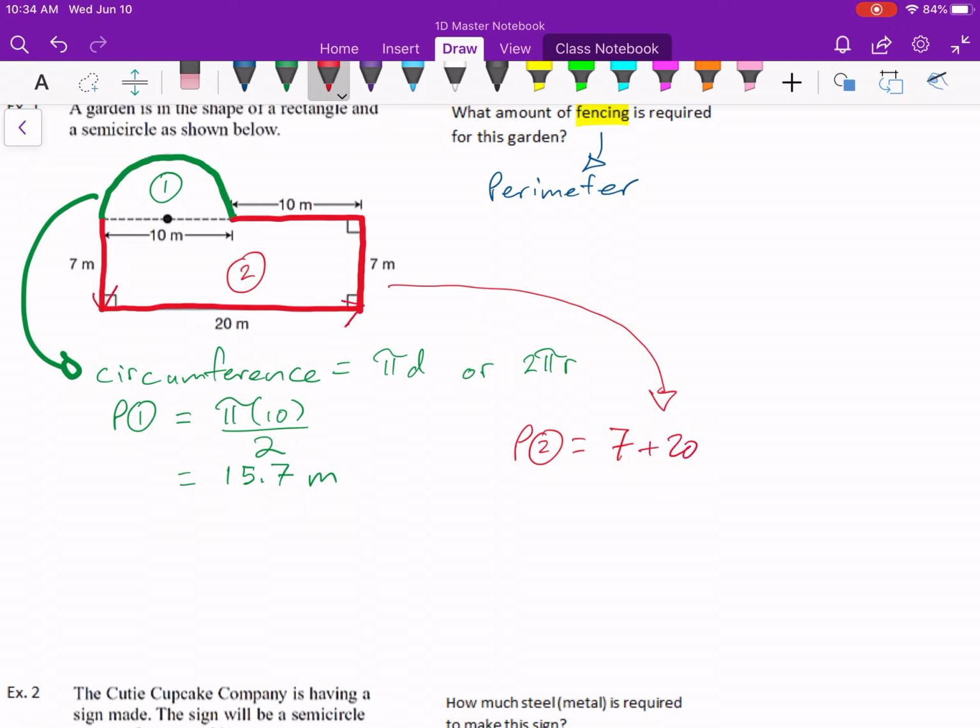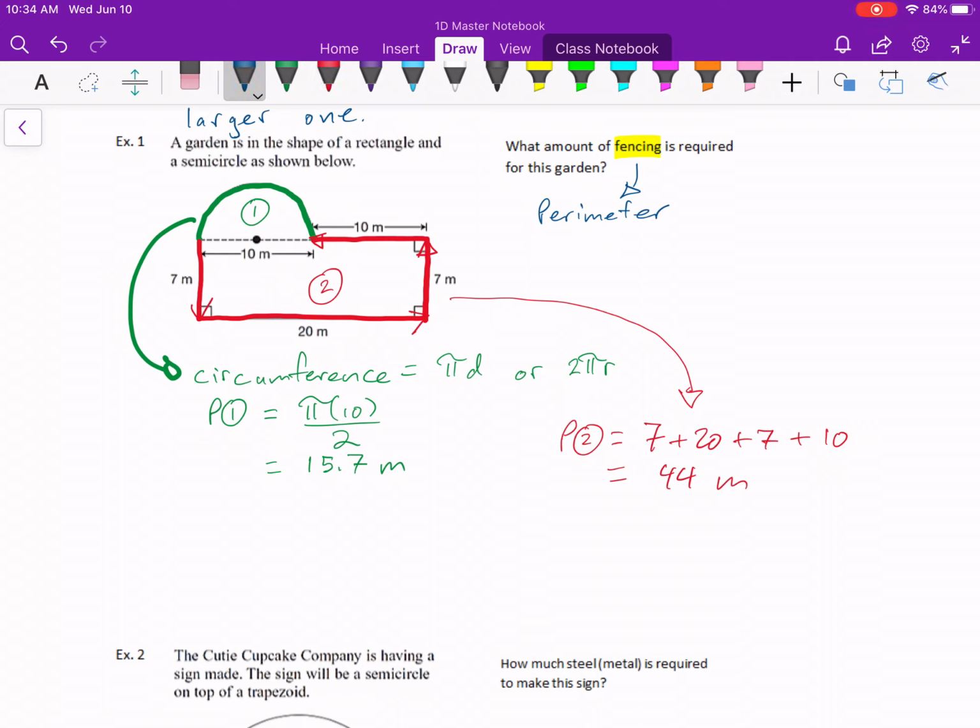I'm going to add 20 to that, and then I'm going to go up, and then I'm going to go back over to here, and that's where I run out of red. And so that adds up to 44. So the total perimeter is going to be 15.7 from the semicircle plus 44 for a grand total of 59.7 meters.